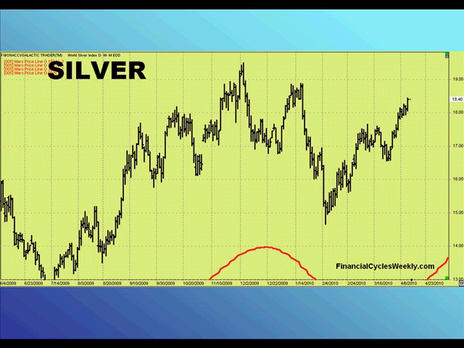Now this is the zero factor, if you will. All we're showing is the actual position of Mars in the sky from a zero perspective, and we note here that silver trading in the teens does not correspond to a high price zone.